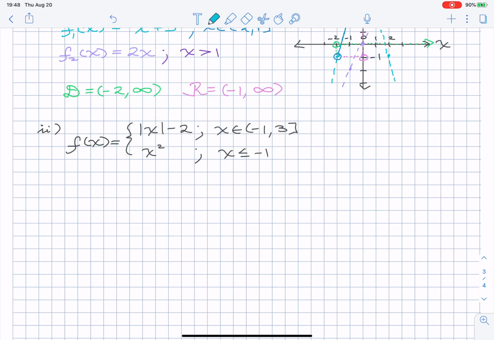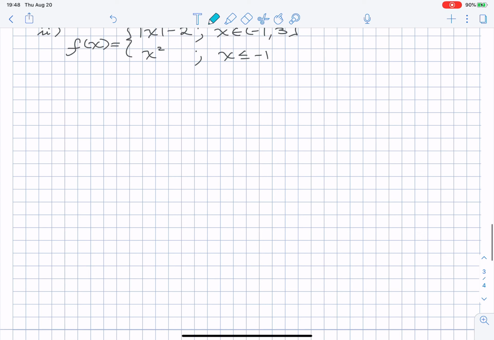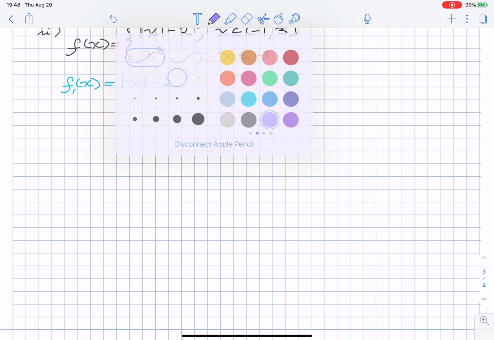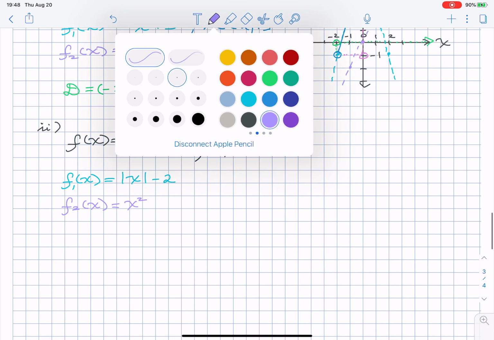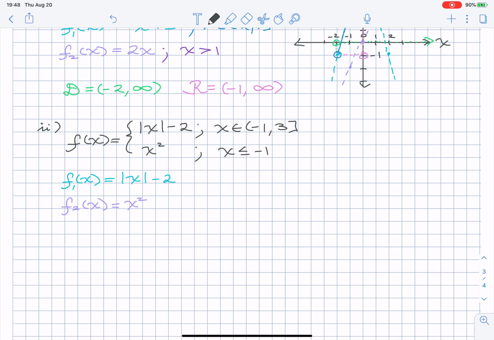So once again, let's look at this as two functions: f sub 1 of x, which is the absolute value of x minus 2, and f sub 2 of x, which is just x squared. So let's plot those both. So x and y coordinate axes.